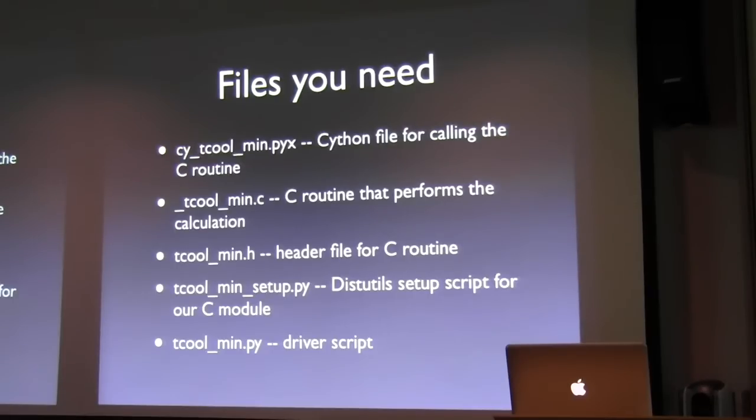There's a header file for that C routine that's also important for the Cython file. It provides the definition for the function. There's a setup script that you're going to run Python on. What it does is take this Cython file, compile it to C code, then compile that C file with this C file and create a shared object file, and then tcoolmin.py is the driver script.